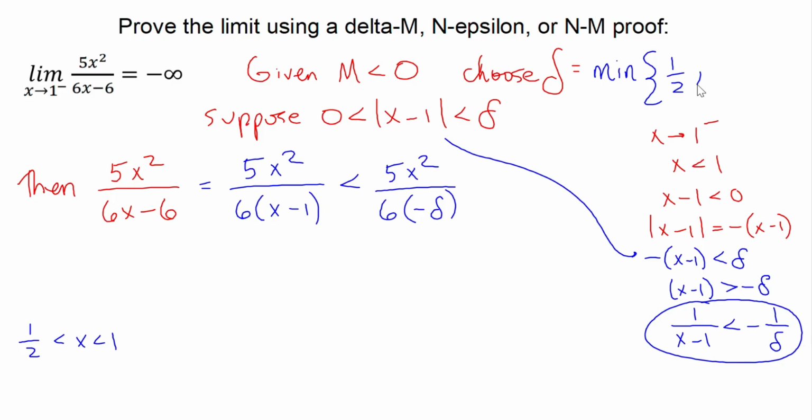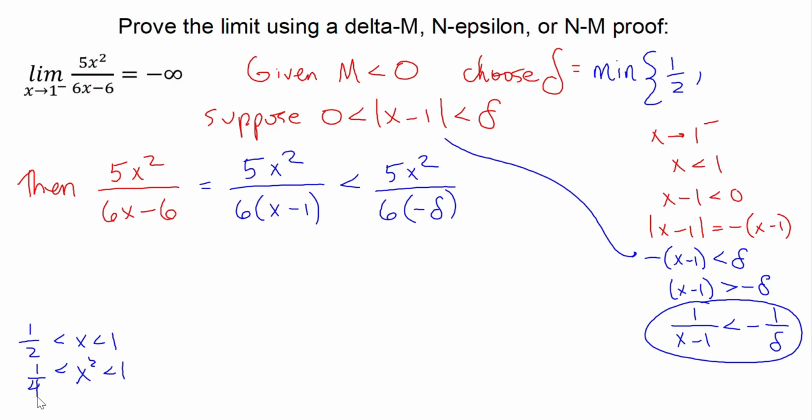now what we can do is square these things, and if x is between 1/2 and 1, when I square it, I get x squared less than 1, but also greater than 1/4.